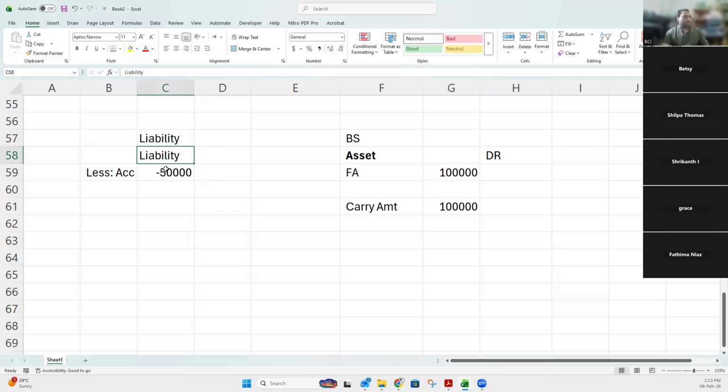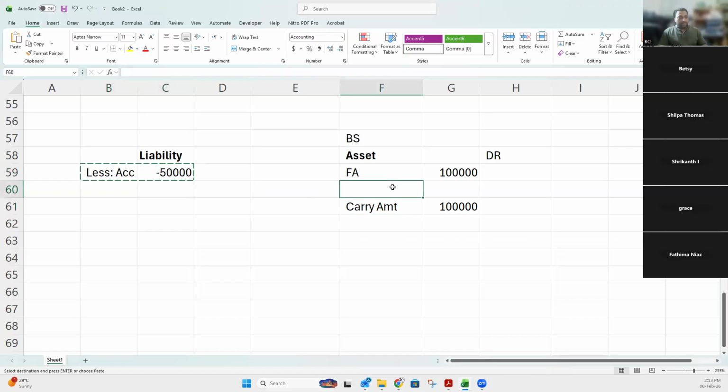As per the general rules of debit and credit, yes. But according to the reporting standard, it's not correct. So what we are doing now is showing a liability, an account which has a credit balance, under the asset side, which has a debit balance.